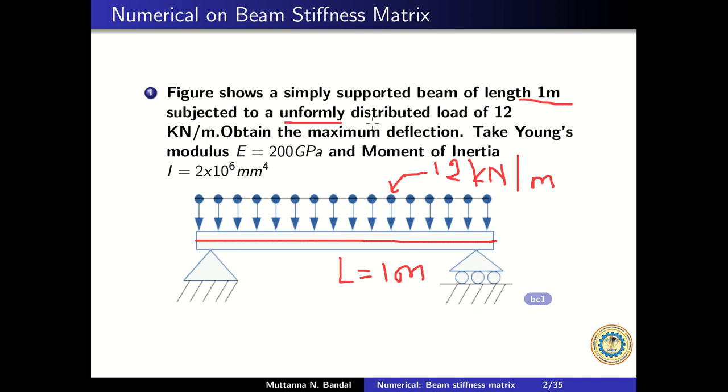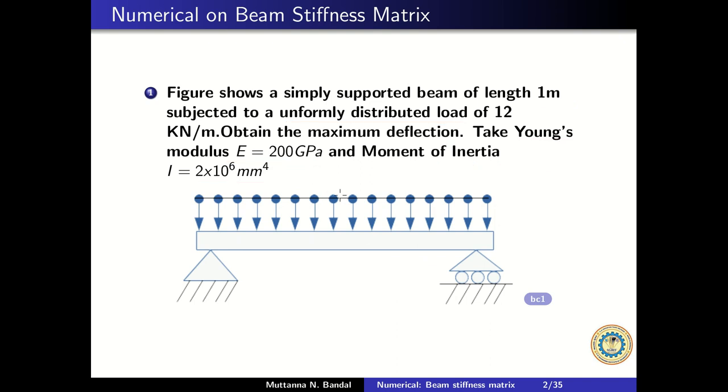Also given is the data that Young's modulus of the structure is 200 gigapascal, and the moment of inertia I is 2 into 10 raised to 6 mm raised to 4. With this given data, we will be solving the problem.